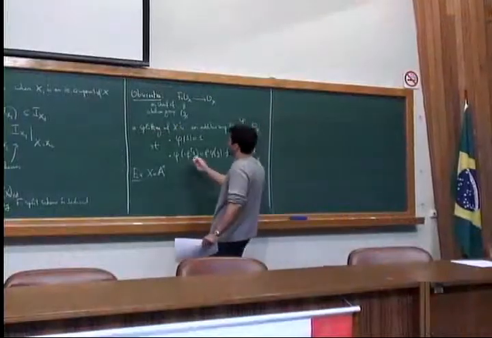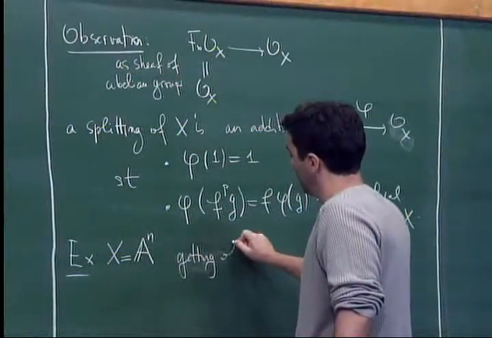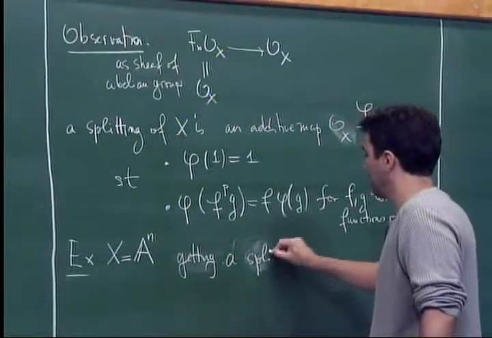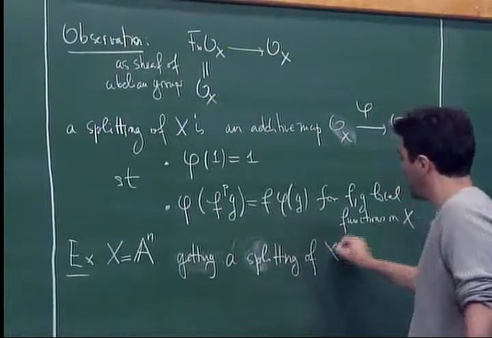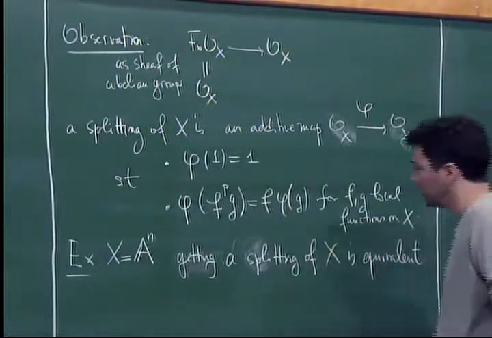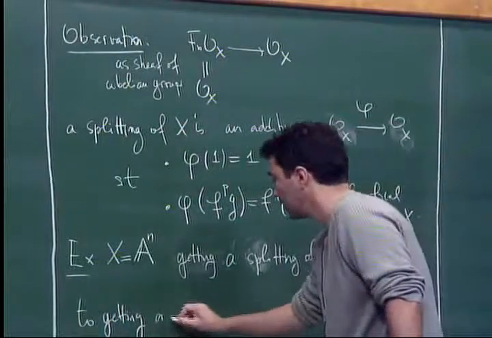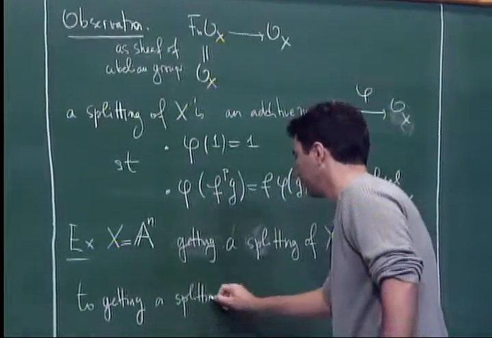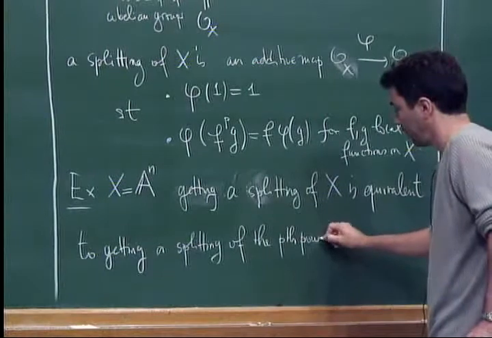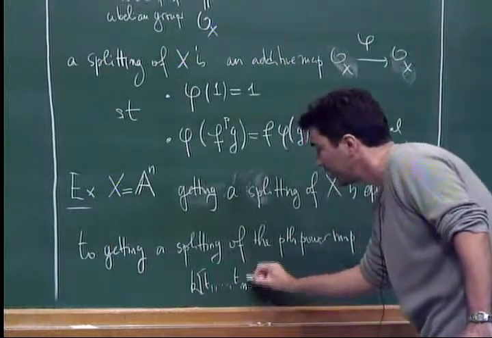The claim is that getting a splitting of X is equivalent to getting a splitting of the p-power map at the level of the polynomial ring.